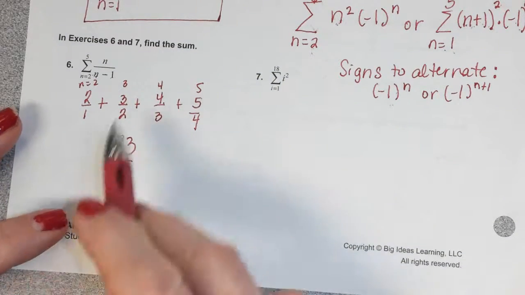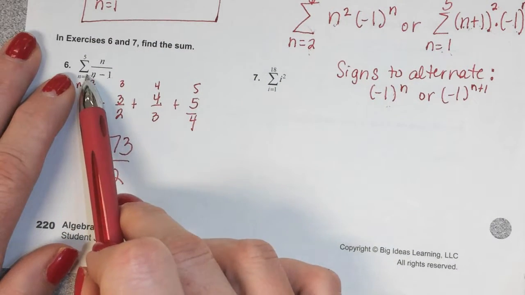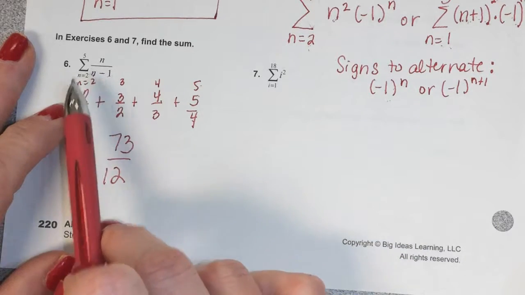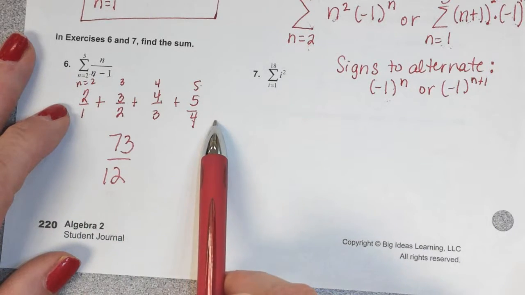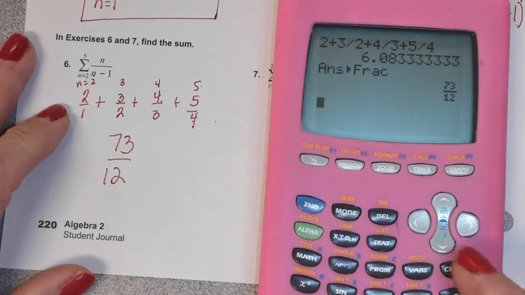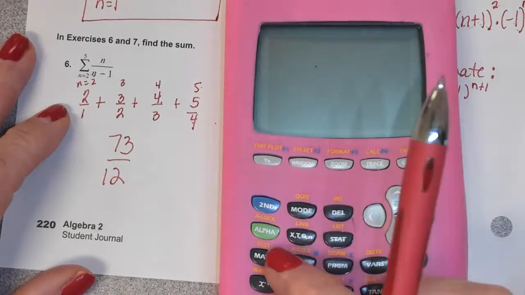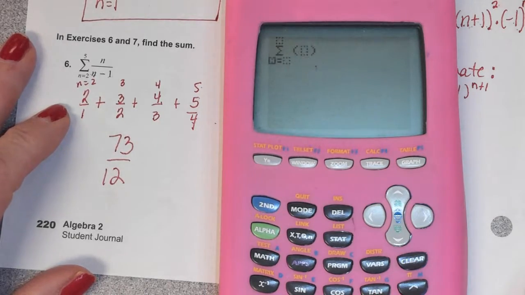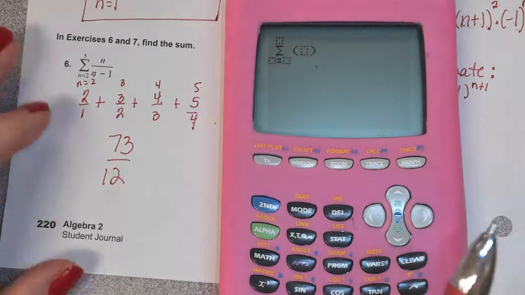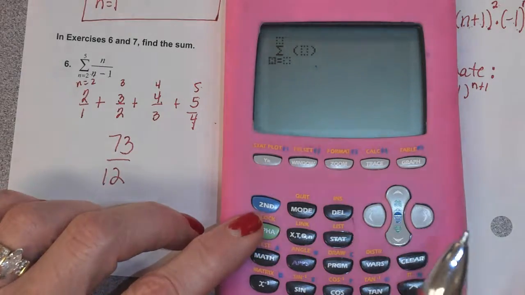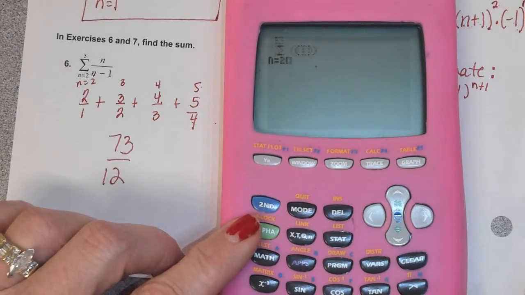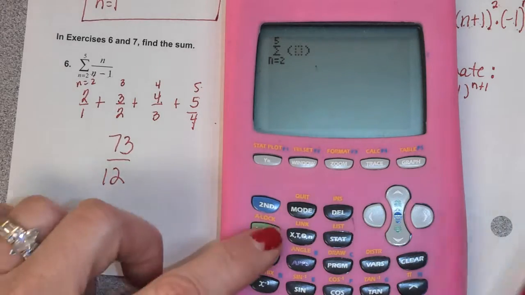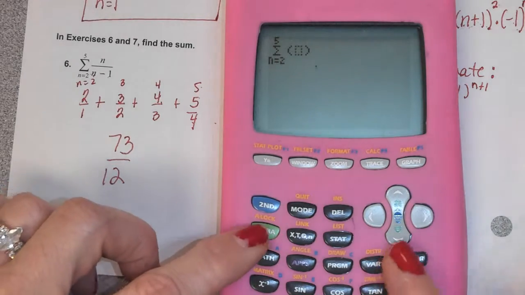Everybody see what I'm doing there? I'm just plugging in the numbers from n equals 2, 3, 4, 5. Getting answers, and this means the sum. This means to add them all. Now, I also could have done it like this. Since I have this kind of calculator, I could go math. I can go up to my summation. I can say I want to go from n equals 2 to 5 of, I would rather just use x.